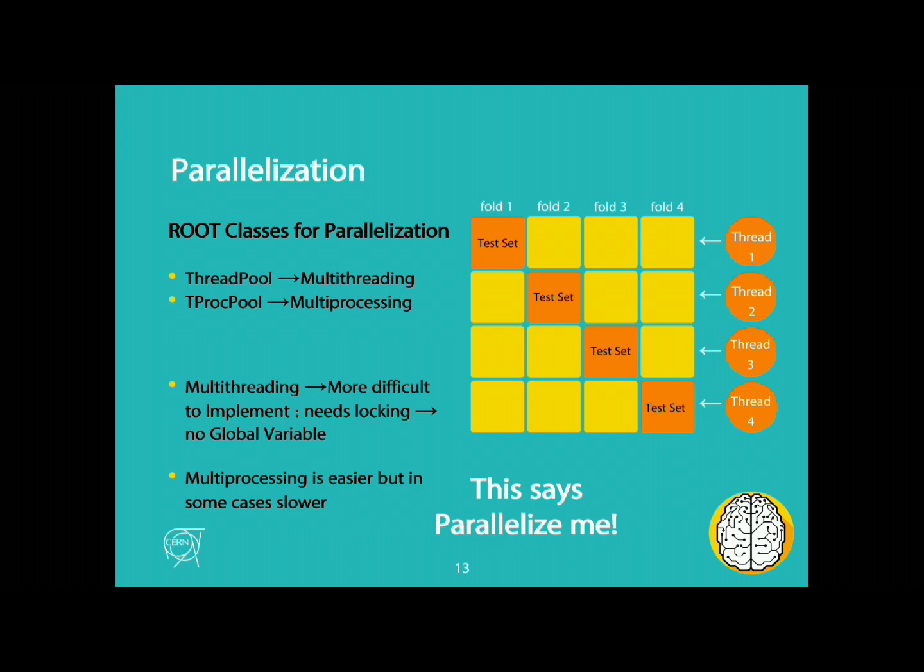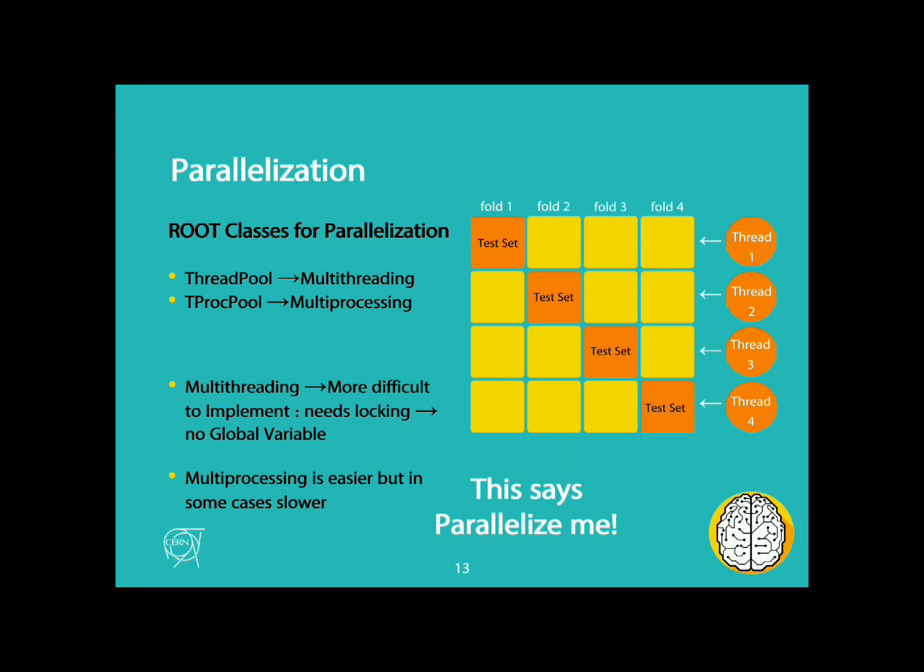TThreadPool and TProcPool are 2 ROOT classes for parallelization. ROOT has its own classes for parallelization. But thread pool is for multi-threading, and proc pool is for multi-processing. What is the difference? In multi-threading, we use the same memory for all of the threads.